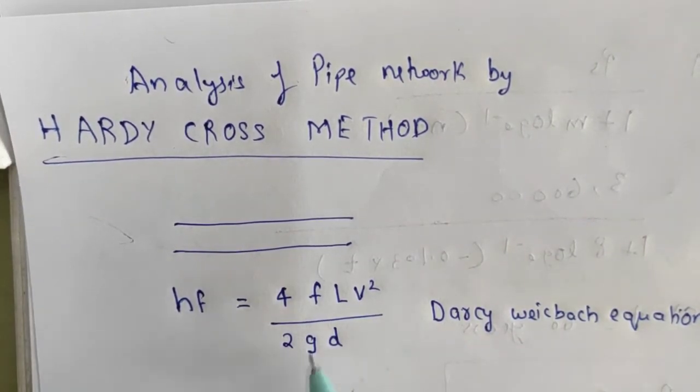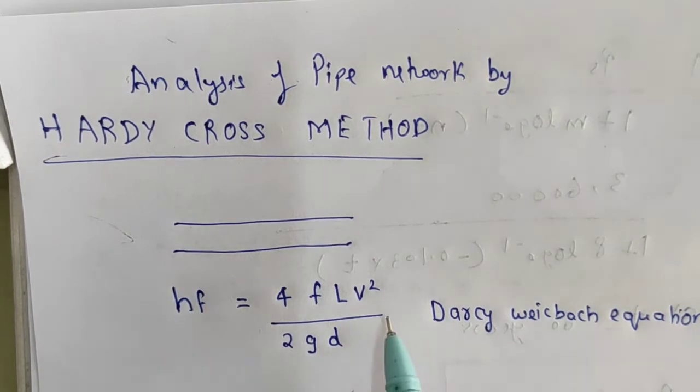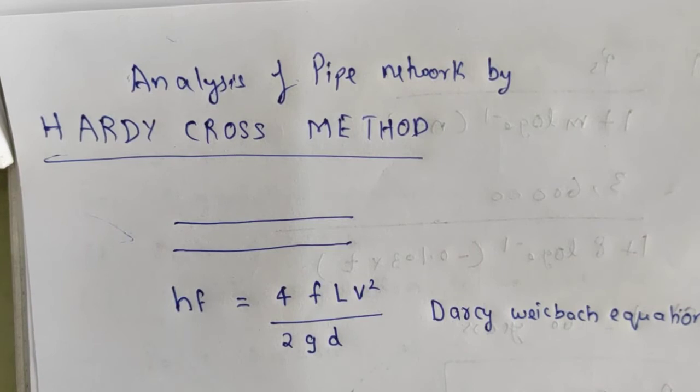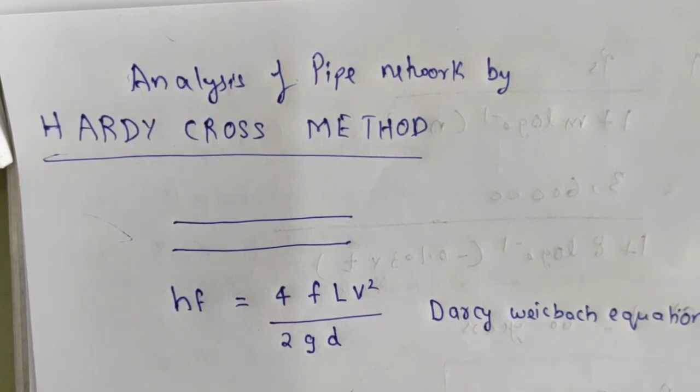So this head loss due to friction is given in terms of velocity, right? But what we have to do is to analyze this pipe network in terms of flow rate. So we'll convert this equation into an equation in terms of flow rate, right?